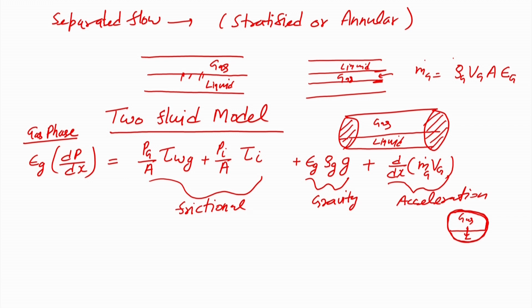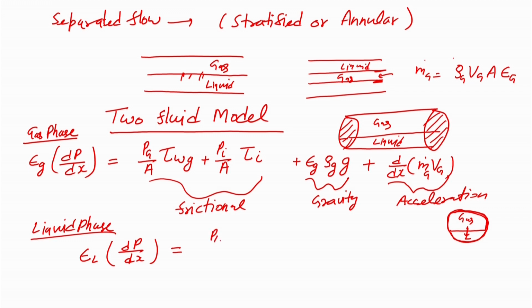Similarly, you can write for the liquid phase. So, what we will do? We will write epsilon L dp by dx, because some portion will be because of the liquid. Now, we have to write the frictional component because of the liquid.